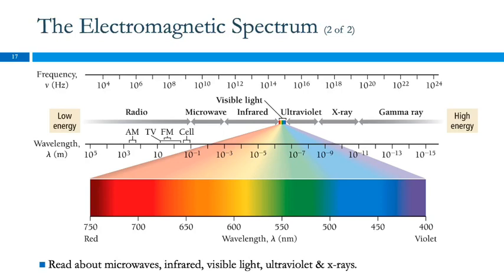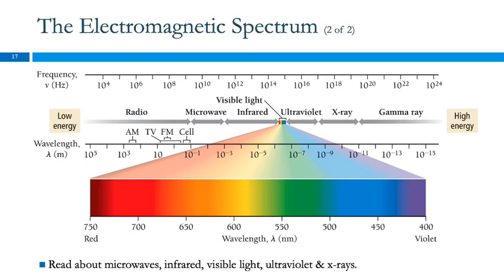All of these things travel at the speed of light. They are light, they're just not visible, right? Radio waves, microwaves, gamma rays, X-rays, they're all the same thing, just different energies. So X-rays are just really, really high energy light. It's just not visible.